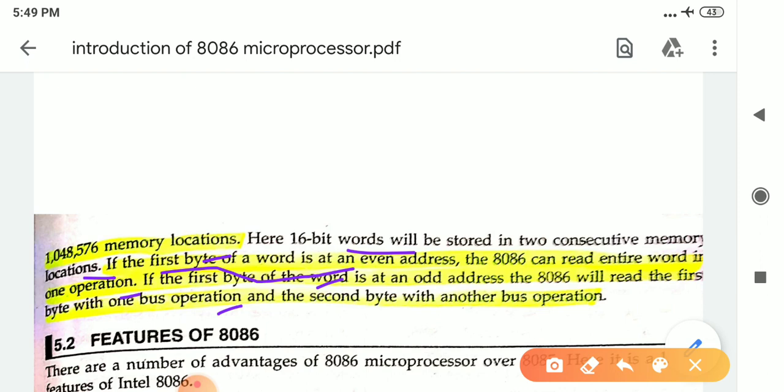It is not read in a single operation if the first byte of the word is at an odd address. This is very important to note.